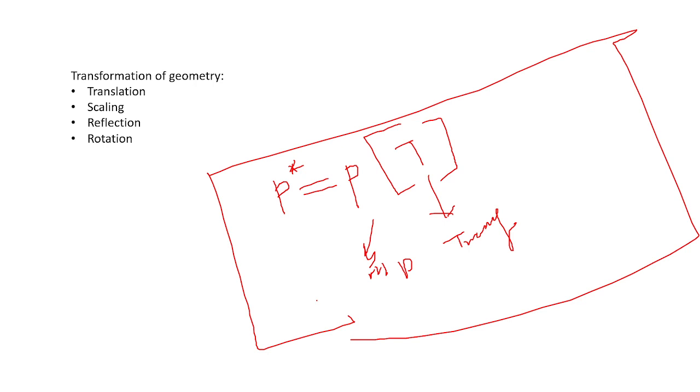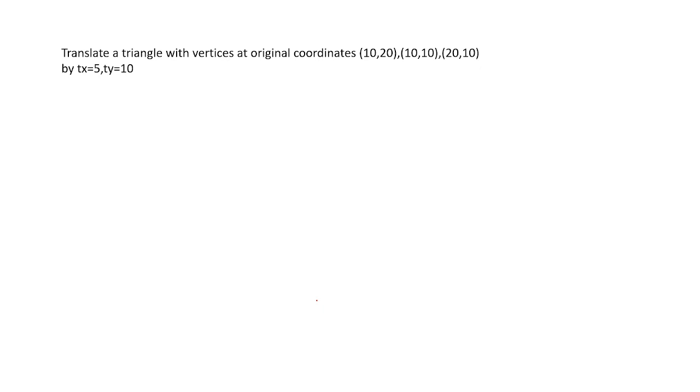So in translation, we can see some numericals also. The question is given as: translate a triangle with vertices at original coordinates 10, 20, 10, 10, 20, 10 by Tx equals 5 and Ty equals 10.